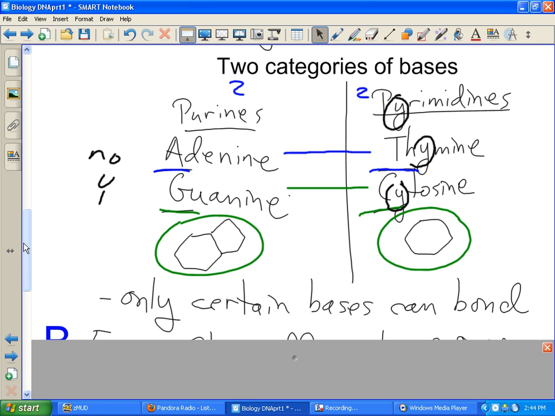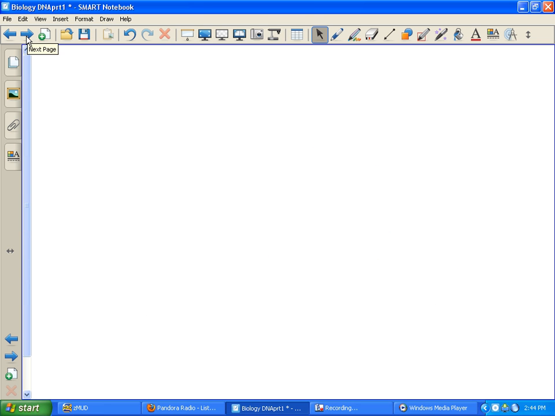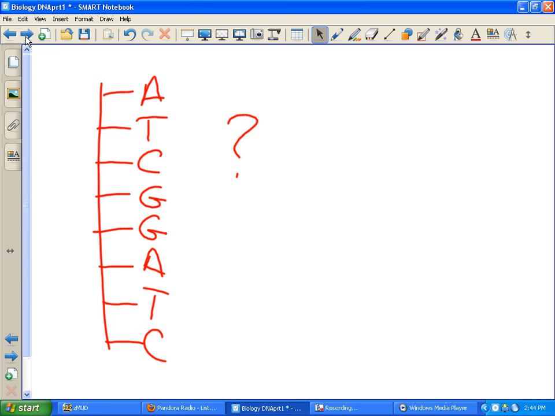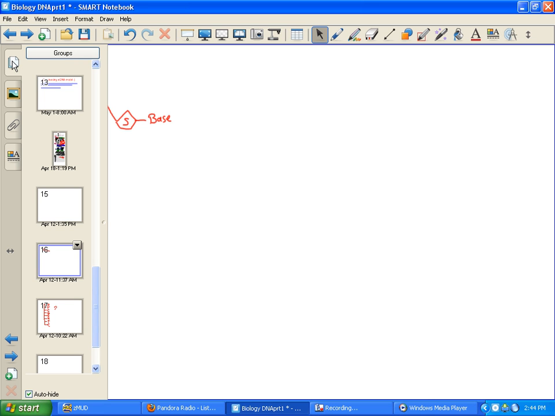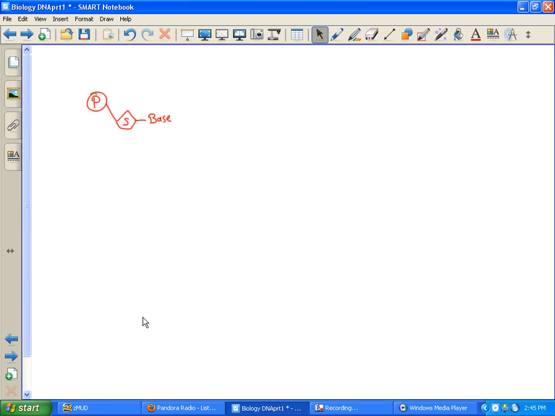So, this is the way it would maybe look in our model. Here we go. So here's a nucleotide, phosphate sugar base, and let's say we had another one.